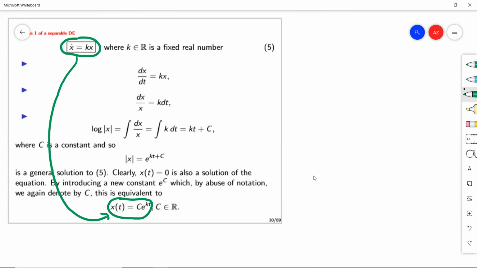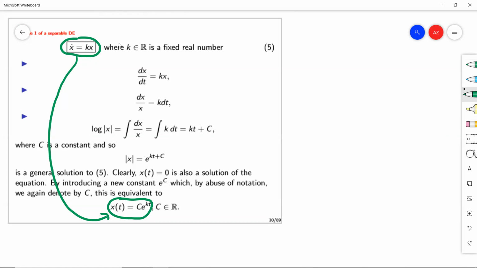However, even if the right-hand side is not that easy, even if we have a second order polynomial on the right-hand side which has simple real zeros, then we are able to integrate in this step. So if we replace here, instead of k times x, k times x minus alpha times x minus beta, where alpha and beta are real numbers, then we will still be able to integrate.